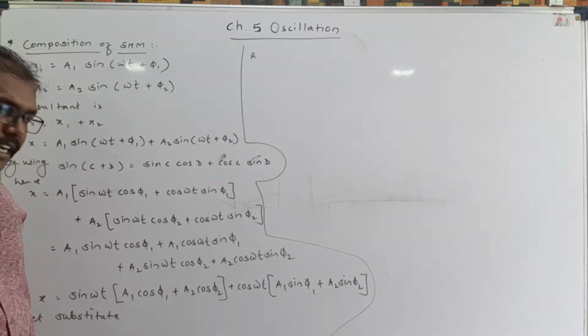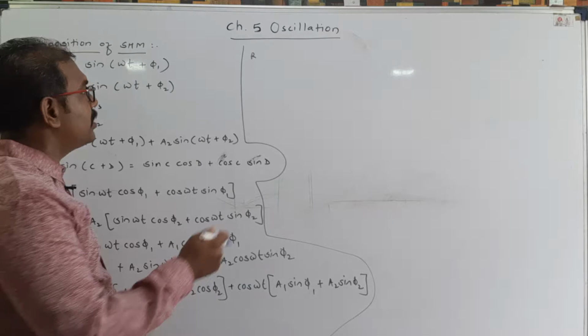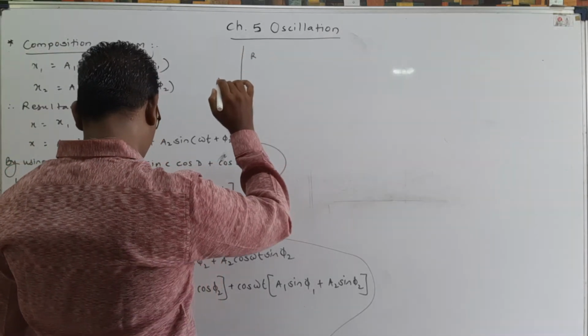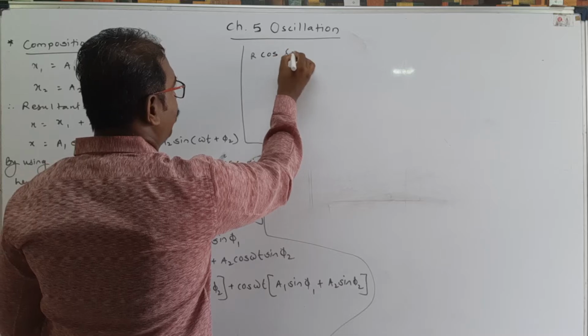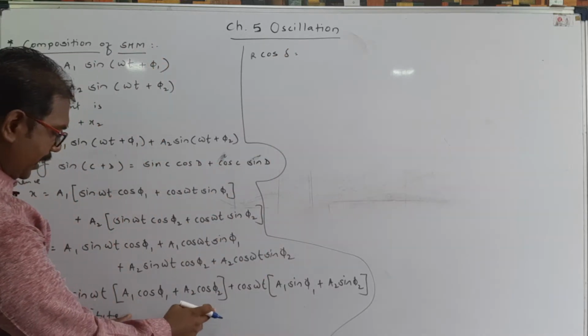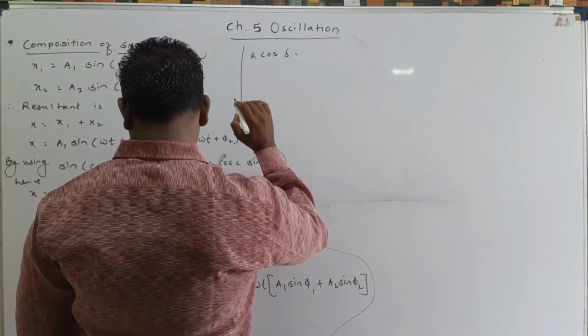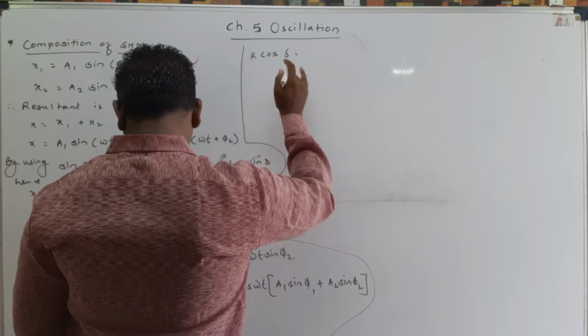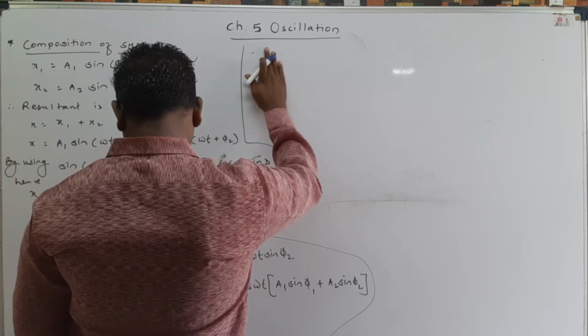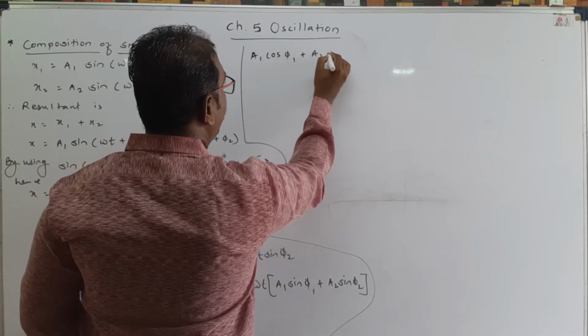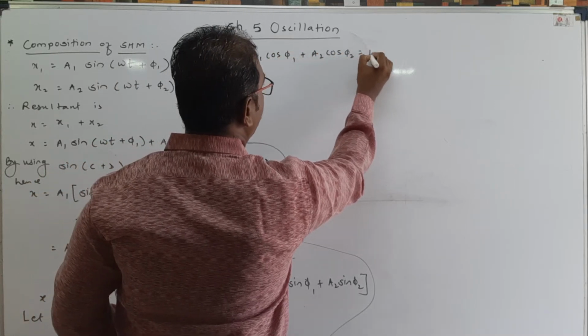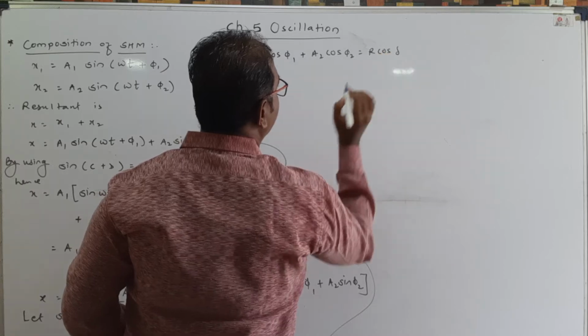So instead of that, I write the resultant amplitude, R, and for the phase I use delta. So instead of this bracket I substitute: A1 cos phi 1 plus A2 cos phi 2 is equal to R cos delta.